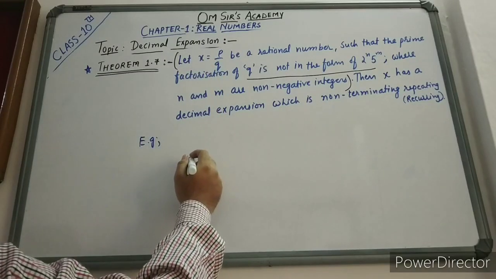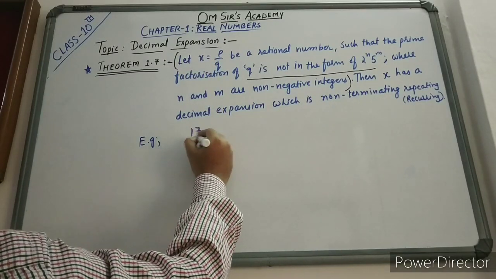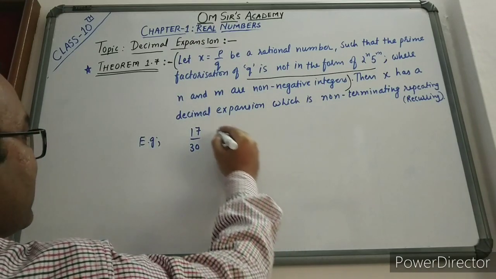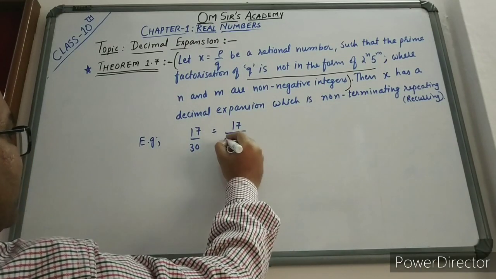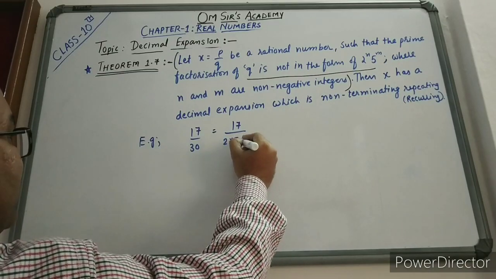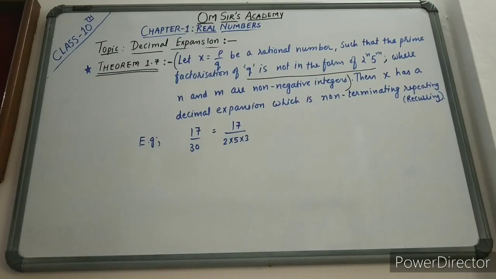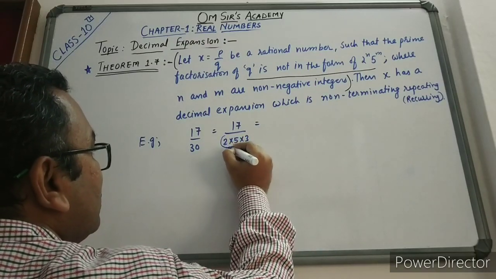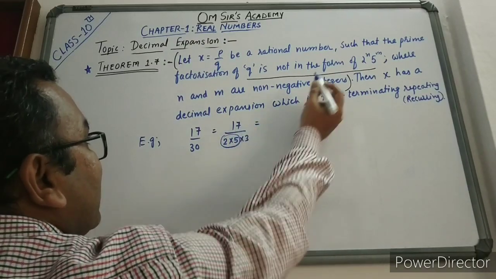x should be in p by q form, say 17 upon 30. If I prime factorize 30, what are the prime factors of 30? 17 upon 2 into 5, 10 into 3 is 30. So here in this case, are you getting q in the form of 2 raised to n and 5 raised to m?